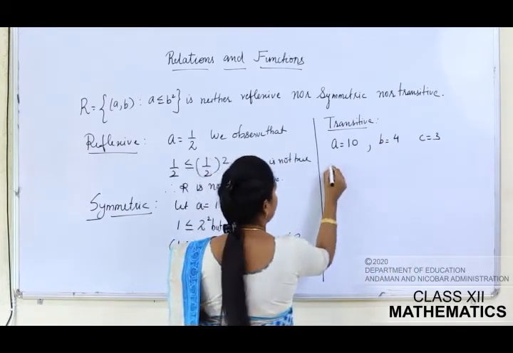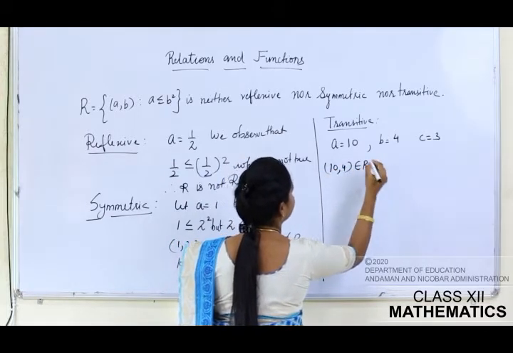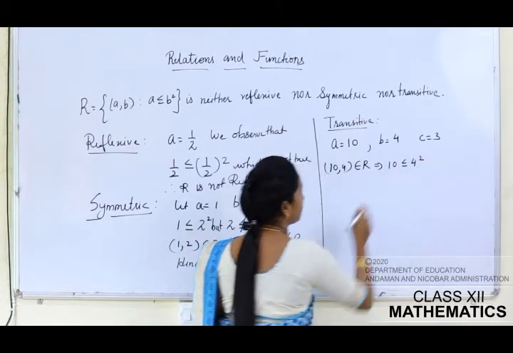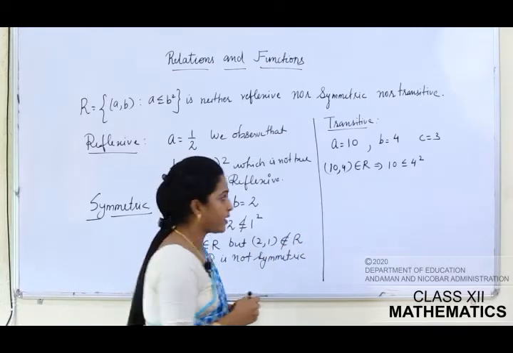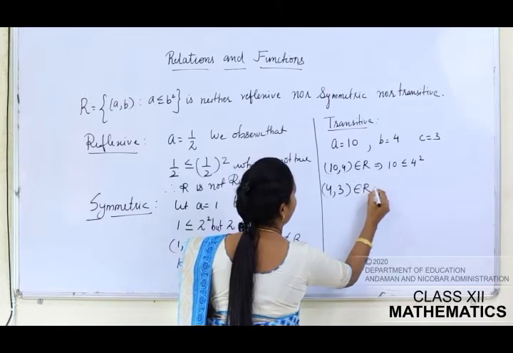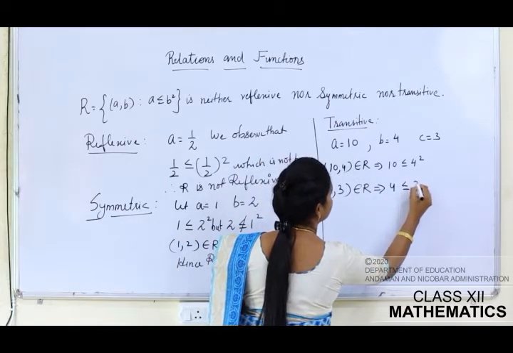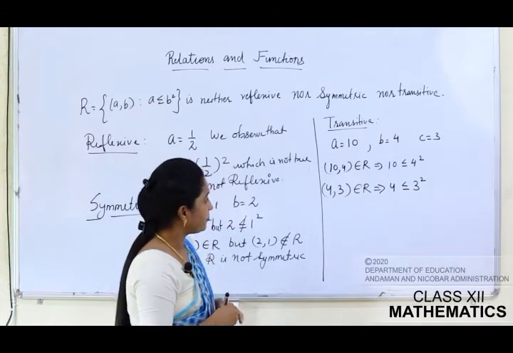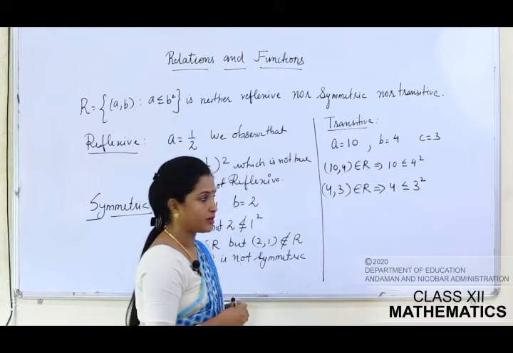Now, 10, 4 belongs to R implies that 10 is less than equal to 4 square. Is it a correct statement? 10, 4 belongs to R means 10 is less than equal to 4 square, 16. Okay. 4, 3 belongs to R implies that 4 is less than equal to 3 square. Okay. That's also correct. Let's see whether 10, 3 belongs to R or not.